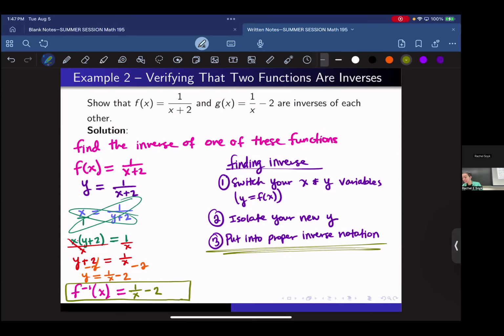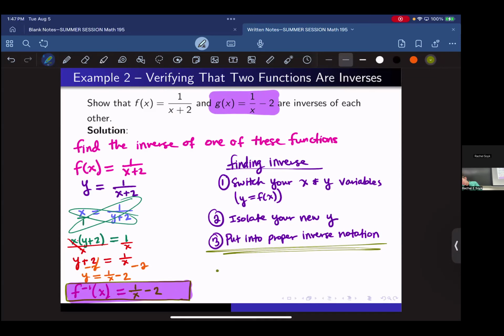Now, is this the same as our g of x? 1 over x minus 2? Yeah, it is.